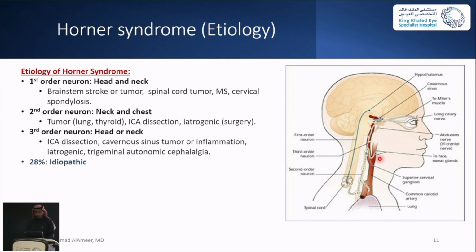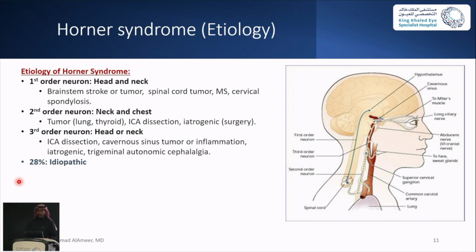The third order neuron, it's either from the internal carotid artery like dissection, cavernous sinus tumor, or inflammation, or the patient can have a certain type of headache that presents with a picture of Horner, like cluster headache, called trigeminal autonomic cephalgia. Cluster headache is one type of this. Around one third of the cases are idiopathic.